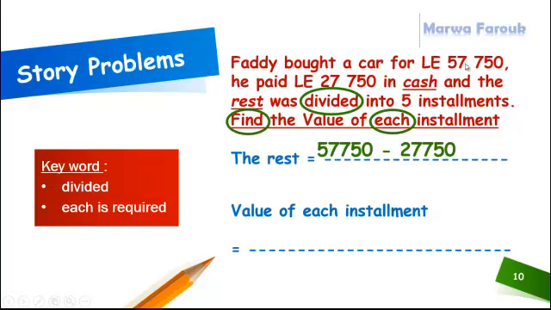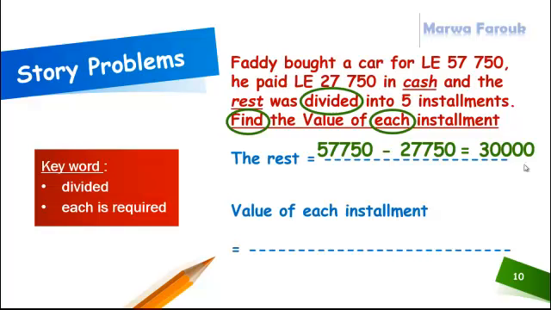So we will say 57,750 minus 27,750 to get the rest of the money that he didn't pay yet. So we got 30,000. Now this amount of money, which is 30,000, is the money that he is going to divide into 5 installments.